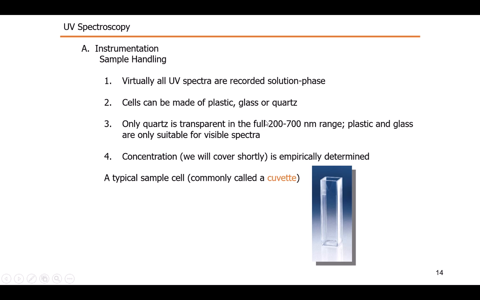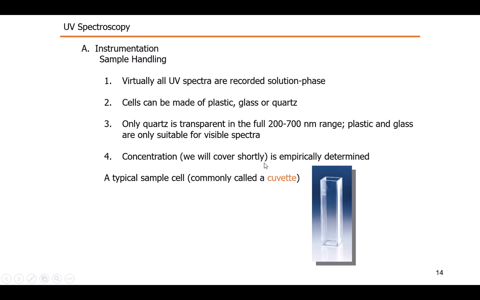Quartz is transparent in the full scan of UV visible, that is the 200 to 700 nanometer range, while plastic or glass are suitable for the visible spectra, not for UV, because they absorb in the UV region as well and would interfere.